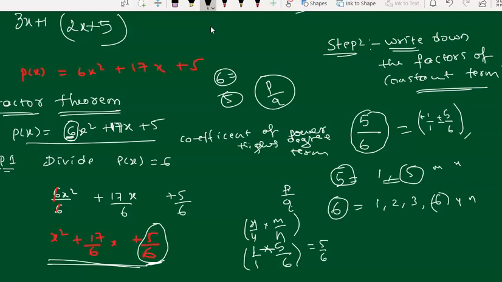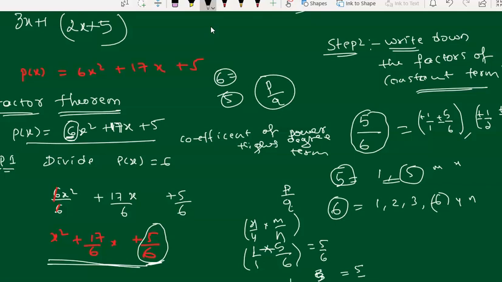And here again I will take 1 by 2 and I'll take 5 by 3. 5 into 1, 5, yes. 2 into 3, 6, yes, I am getting. So 5 by 6 I am getting. So I can write plus or minus 1 by 2, plus or minus 1 by 3 are the factors. So likewise, you write down all the factors.